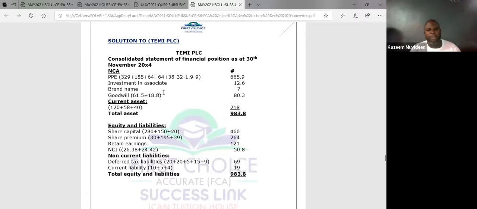Brand name, 9. I open a brand name account. Then impairment, 9 minus 2, you give me 7 because it has impaired. Who is the owner of the brand name? Parent, so the parent takes the impairment. I'll go to the next one.